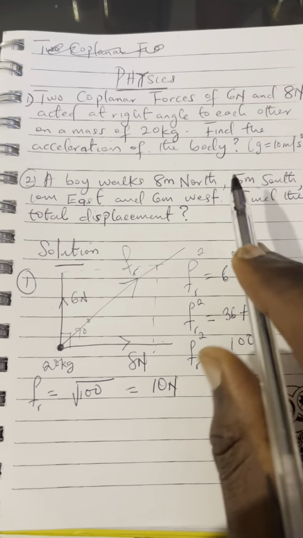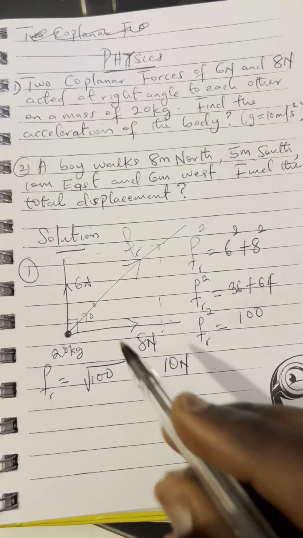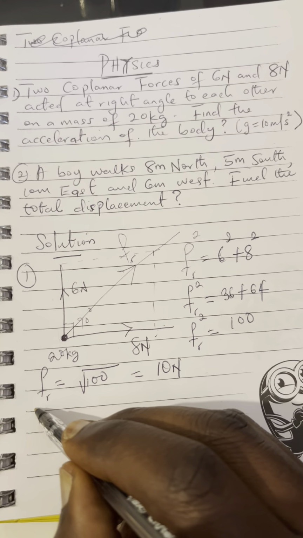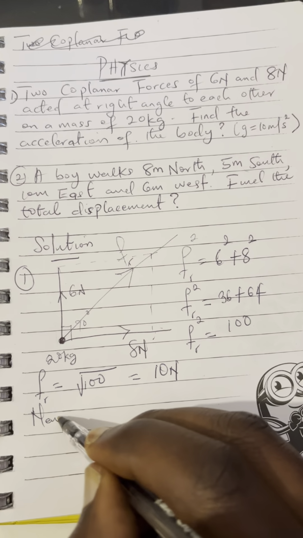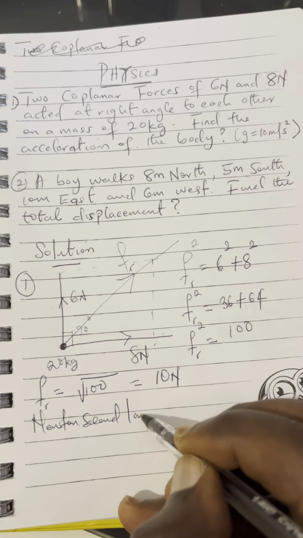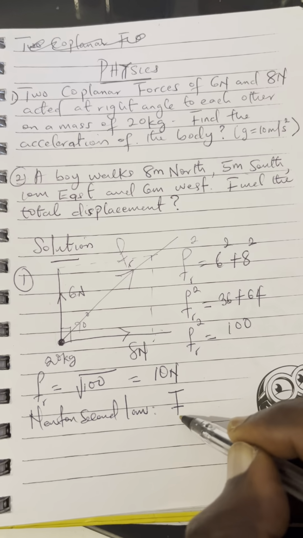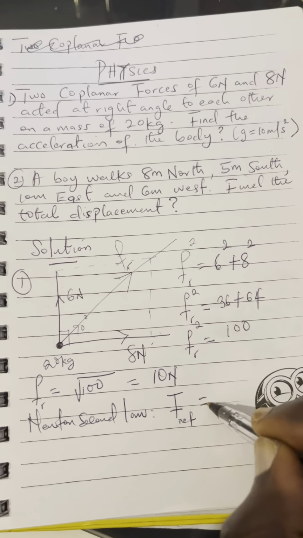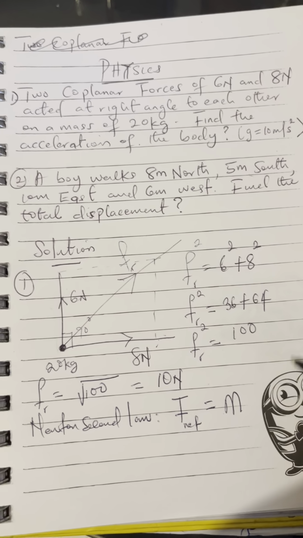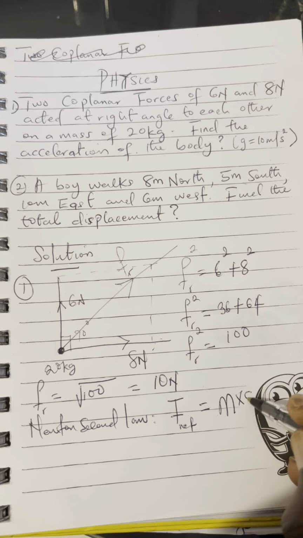But the question states that we should find the acceleration of the body. So from Newton's second law, we state that F net is equal to what? Mass times acceleration.